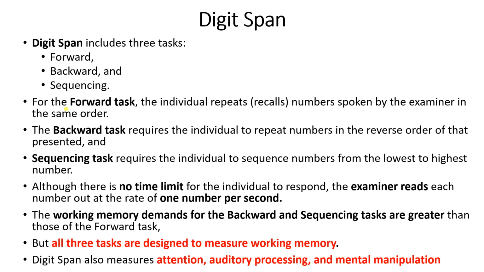Apart from this, digit span also measures the ability for attention, auditory processing because the digits are presented orally, and ability for mental manipulation, that is core of the working memory.